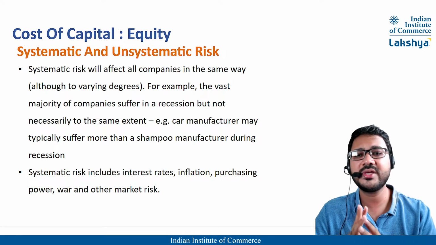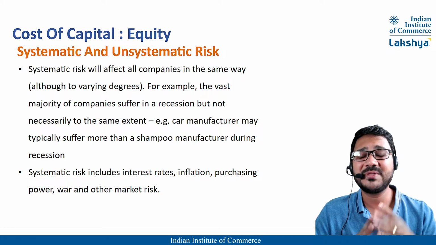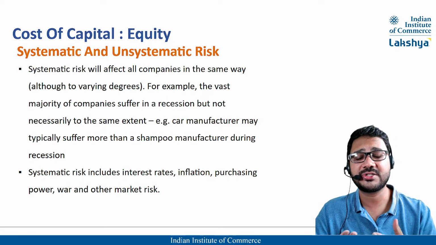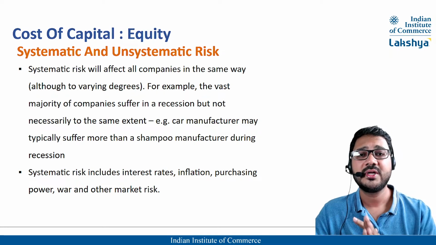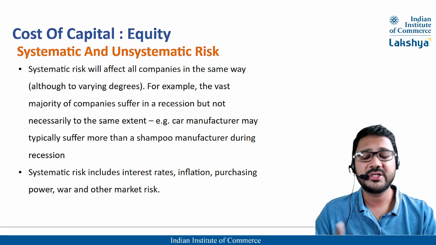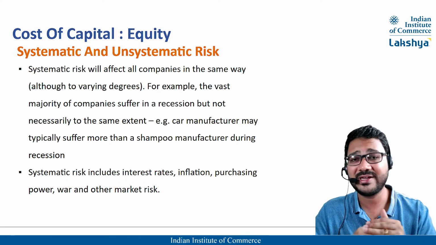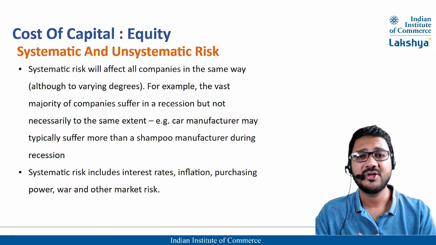All your luxury clothing also had a tough time because people didn't want to spend much. However, your basics, your utilities like electricity, your pharma companies, your FMCG companies, were not as affected as a car manufacturer or a real estate company.